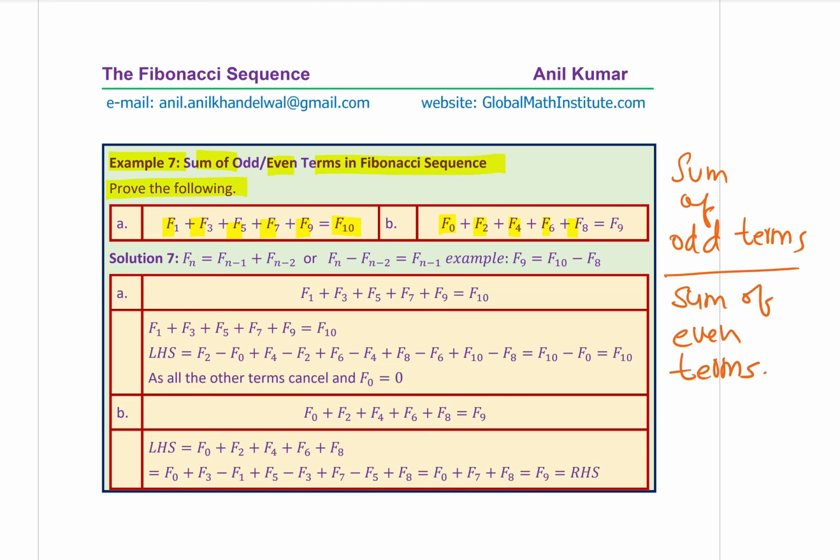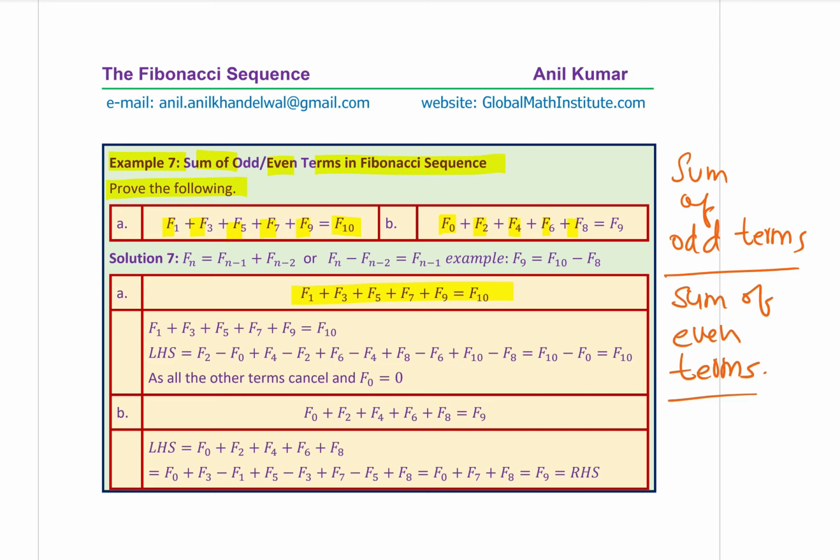And let us try to understand the strategy to solve such questions, right? So let's look into the sum of odd terms first. Okay, so what have we done here? f1 plus f3 plus f5 plus f7 plus f9 equals f10. Since we want to get that f10, it's a good idea to rewrite each term as a difference. f9 is f10 minus f8.